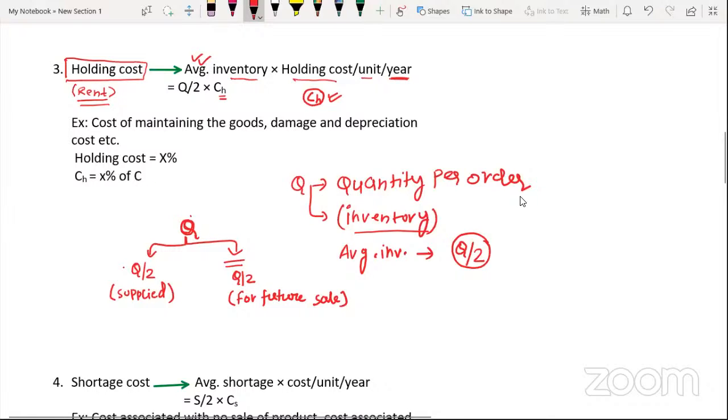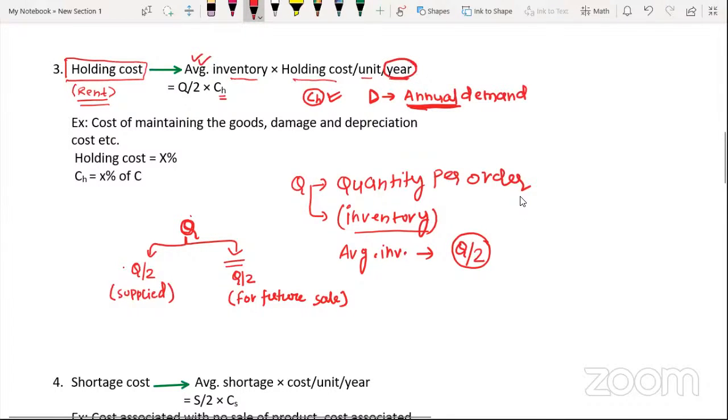So one thing you have to keep in mind: if you are going to put capital D, what was capital D? It was annual demand. This capital D was annual demand. So if the demand is in terms of per annum or per year, then the unit of this ch is also going to be in years.